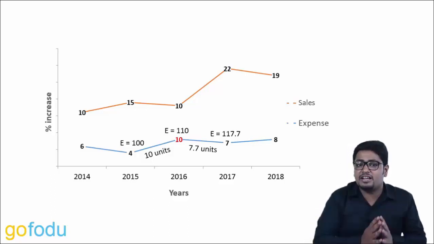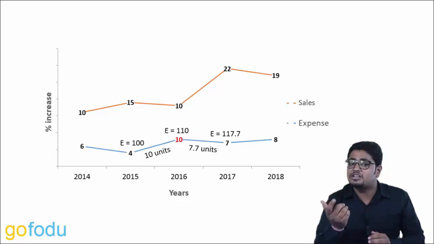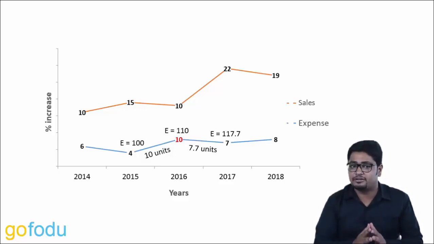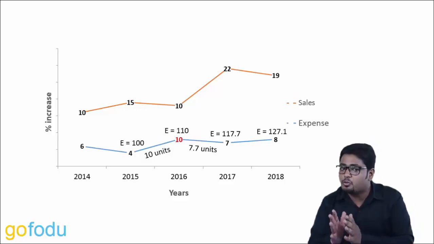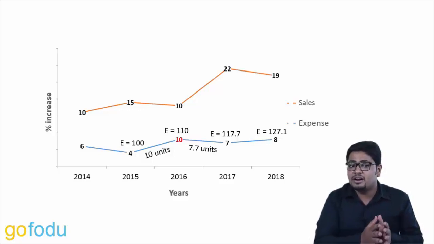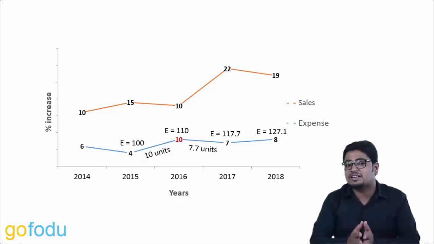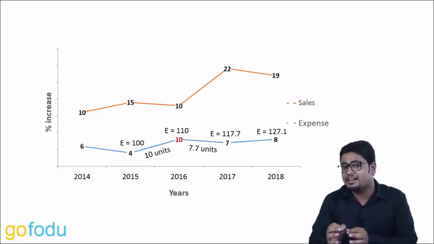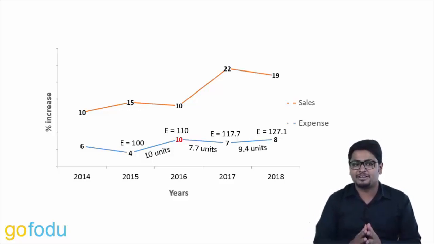In 2018, there is an 8% increase on 117.7. So the final expense will be 127.1 and the value-wise increment from the previous year will be 127.1 minus 117.7, that is 9.4.